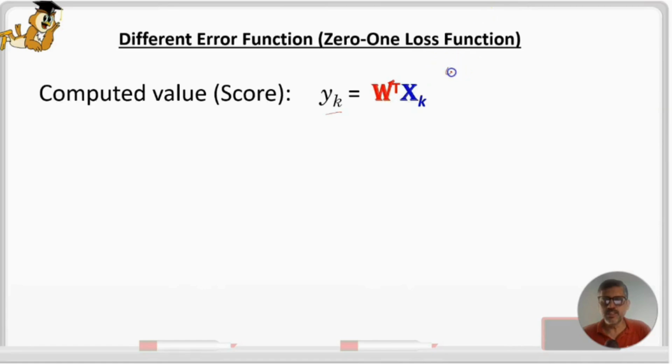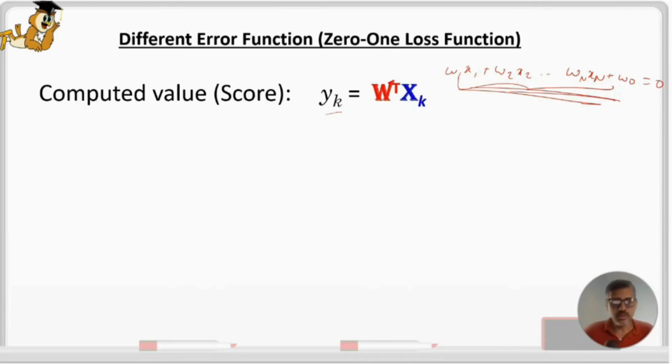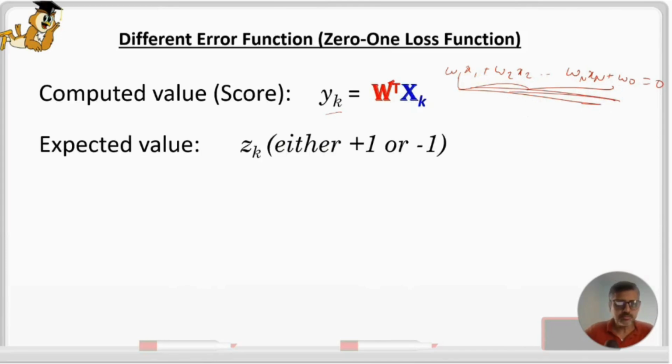Remember we said this is w1 x1 plus w2 x2, and so on, wn xn plus w0. So this equal to 0 is the hyperplane, and if this is greater than 0, we classify on one side. If this is less than 0, we classify into the other class. So this is w transpose x. This would be the computed value, the computed score, for certain values of w.